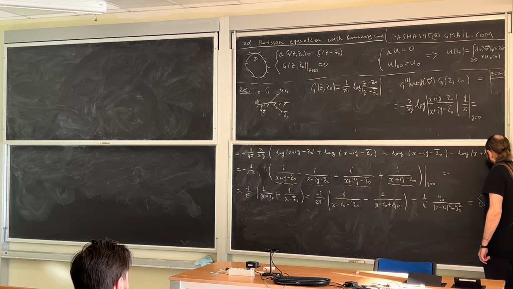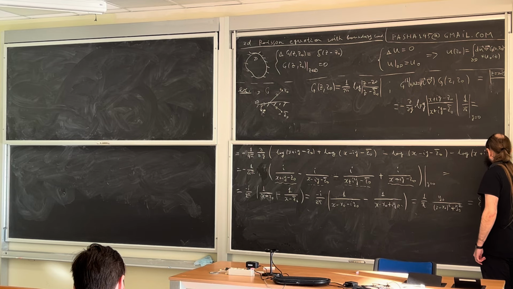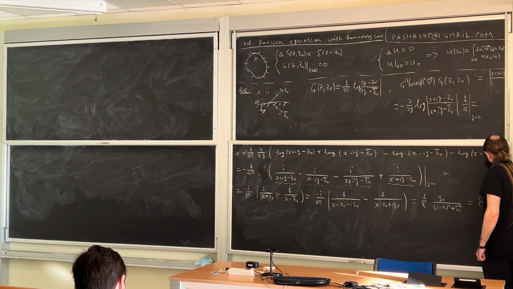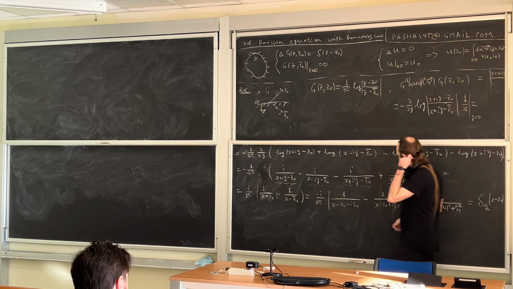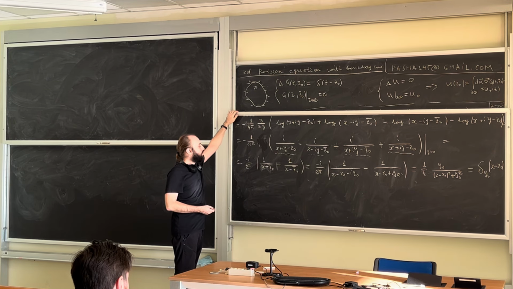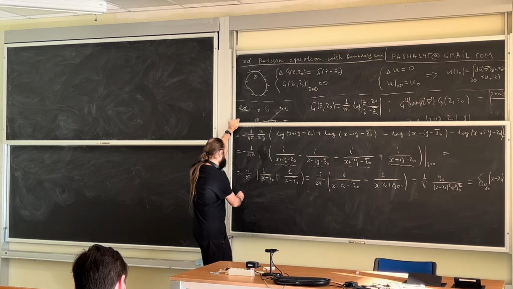Yes. And so it's a delta sequence with parameter y0 and argument x minus x0. So we see this formula that a solution to our boundary problem is the following.